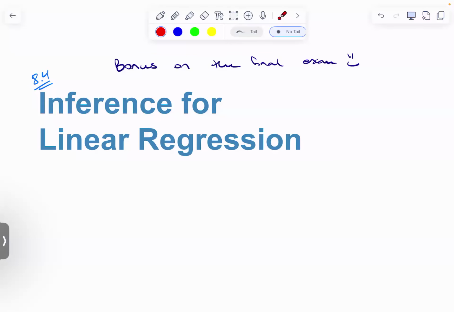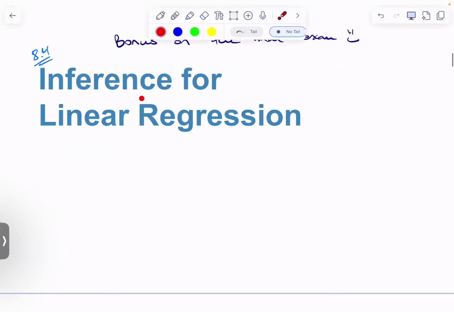So 8.4, our last section, inference. So that means that we could do confidence intervals or hypothesis testing for linear regression. Oh boy, right? You thought you were done with that. Well, you kind of are. But it keeps going, right? If you wanted to, you can.